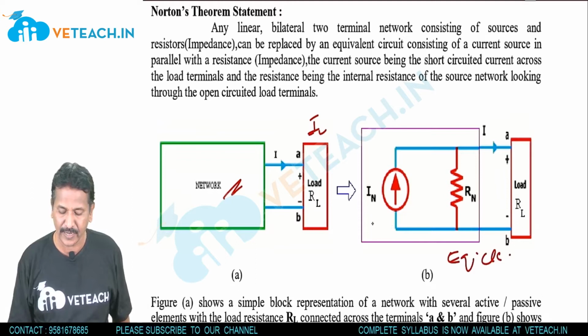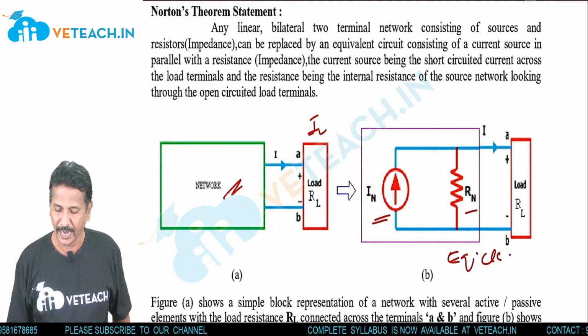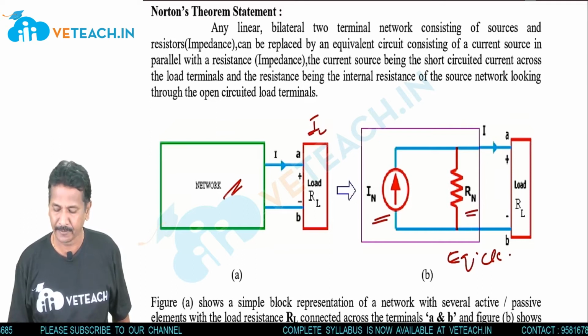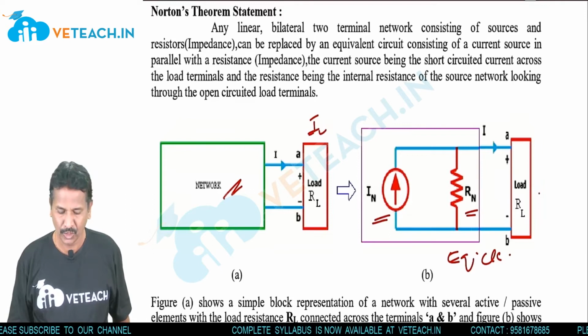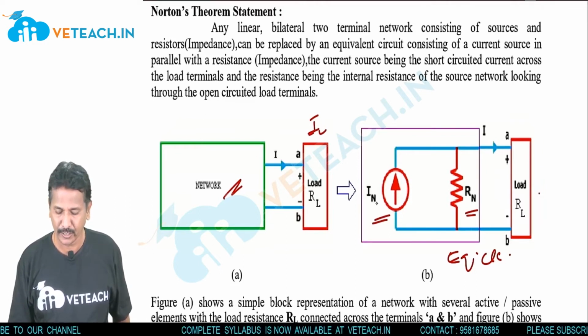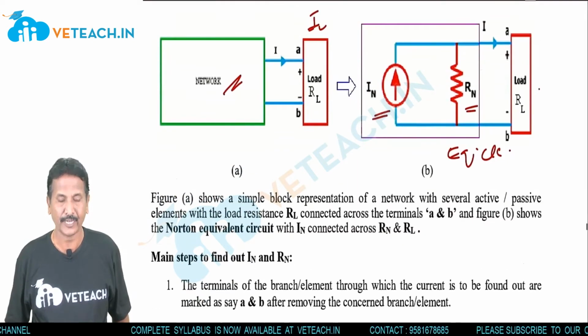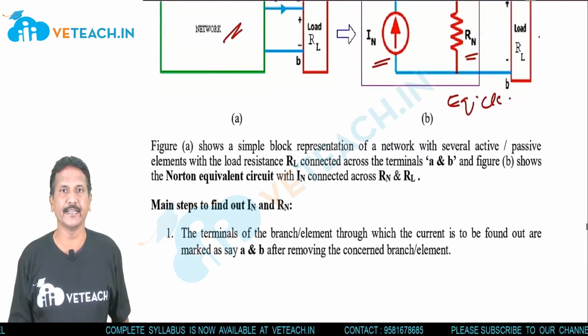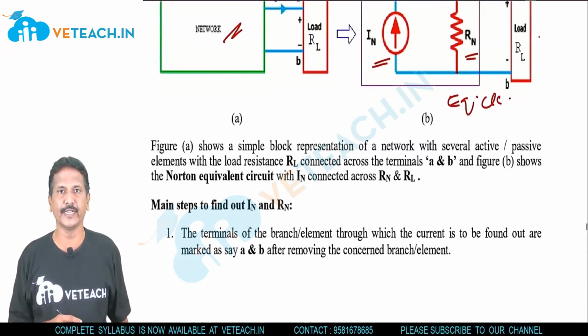Here in Norton's we are finding a new current, that is IN, and a new resistance RN across the load resistance. So this network is converted into a new Norton's current as well as Norton resistance. But how to find this IN? How to find RN? How to find IL is also very important here.